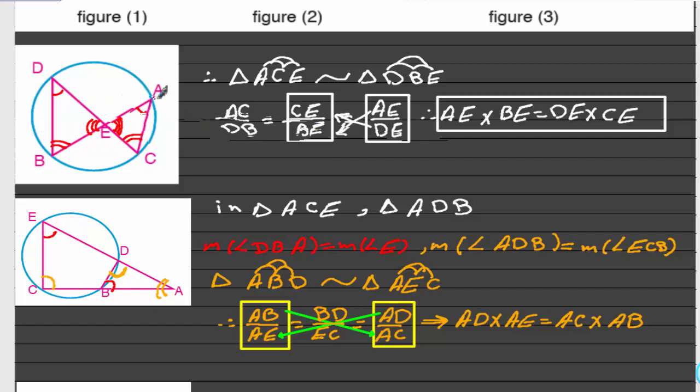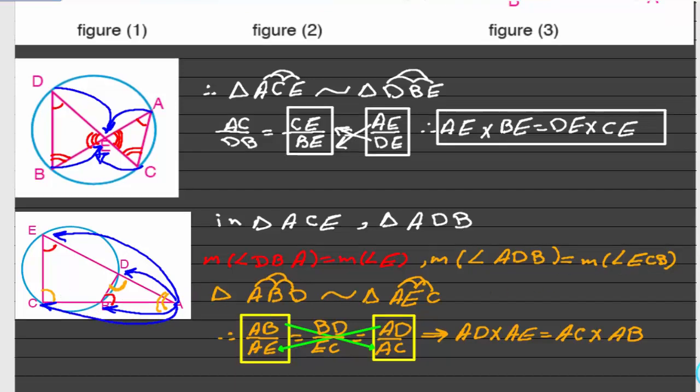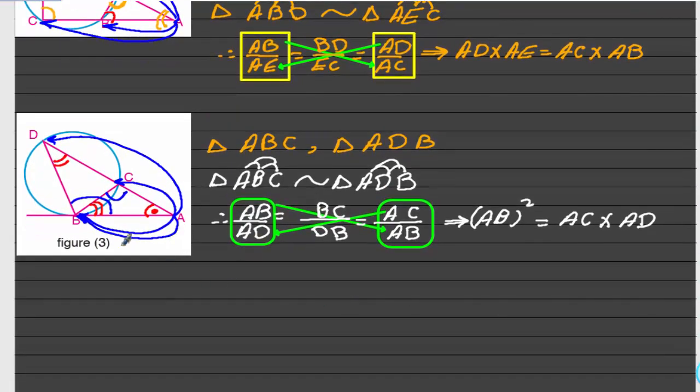So here we have AE multiply BE equals CE multiply DE. And also here we have AD multiply AE equals AB multiply AC, and in the third figure we have AB power 2 equals AC multiply AD.